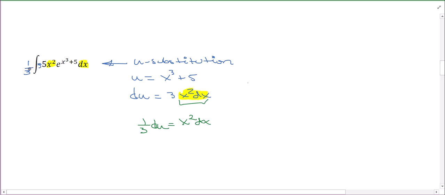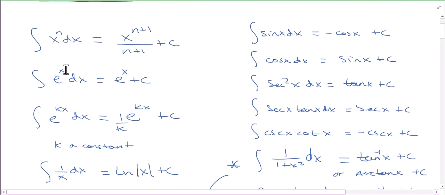And so now when we create our new integral, this will be 1/3, and then I still have the 5, so let's take the 5 out as well. And then my x squared dx is du, and du we always put off to the side, and then e to the x cubed plus 5. X cubed plus 5 is what we call u, so I just get e to the u du. And notice that now this is a regular antiderivative, something that I can do just by looking at it, the integral of e to the x dx.